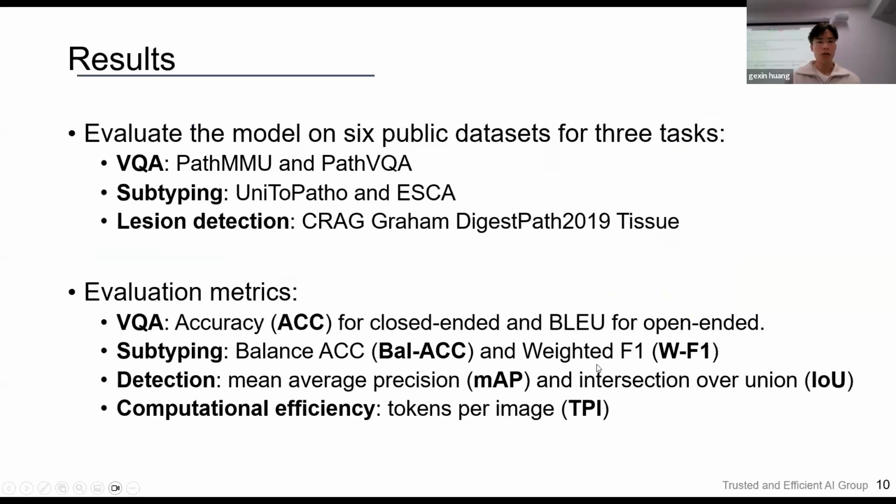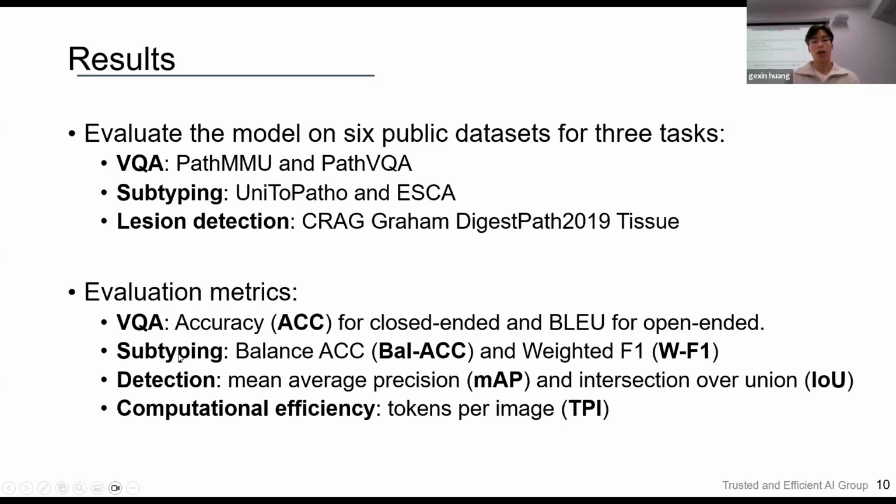Okay, so after that, they evaluate the model on 6 public datasets across 3 tasks, which include the VQA tasks, the subtyping tasks, and the detection tasks, and evaluate such benchmarks across different corresponding metrics. For the VQA, they utilize accuracy for the closed-ended answers and BLEU for the open-ended ones.